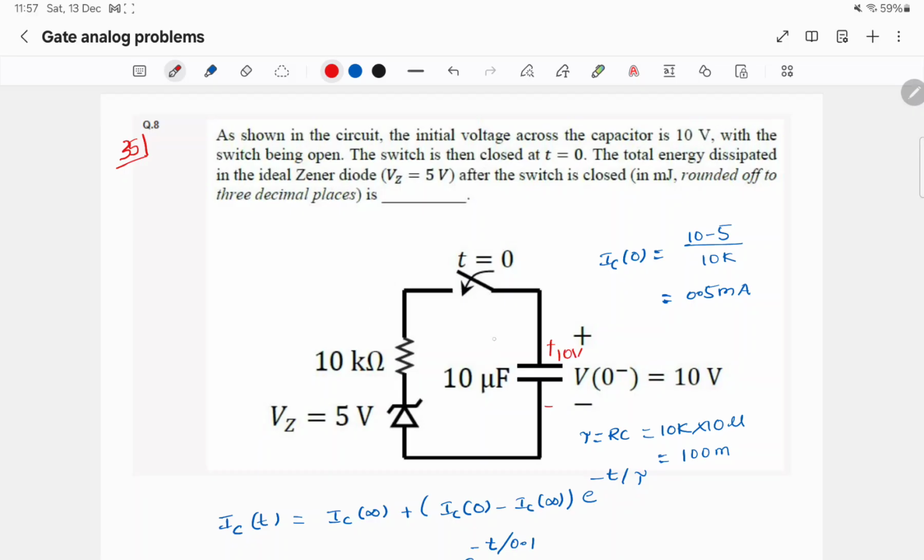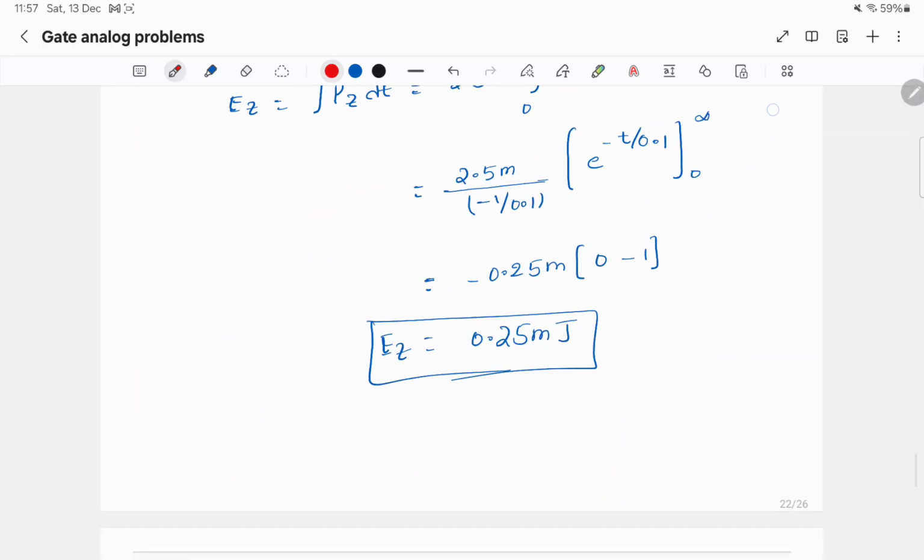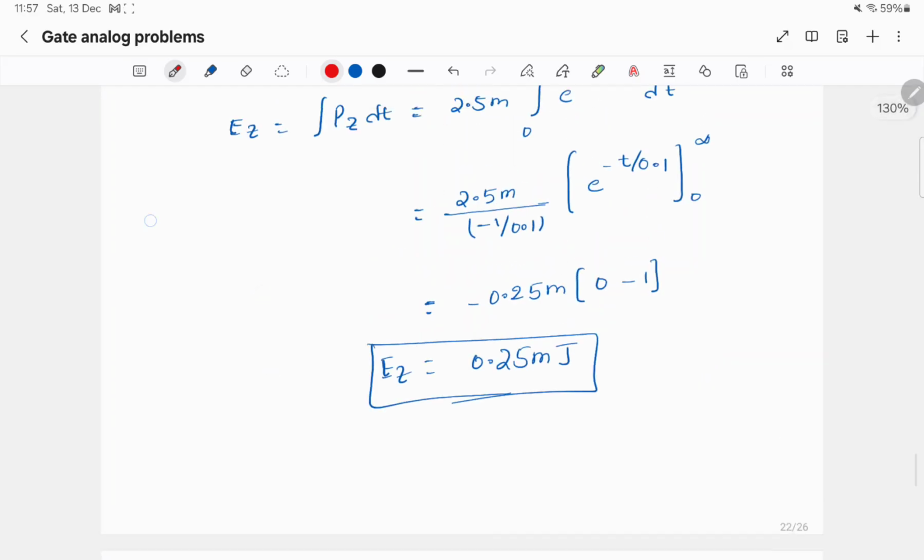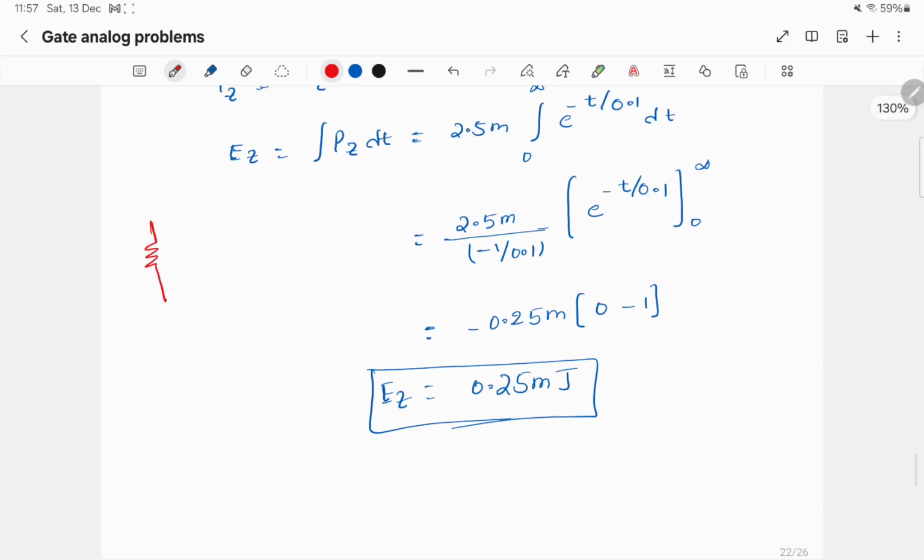When the switch is on, current starts to flow. As the current flows, the capacitor voltage will decrease. Initially zener diode will be on as 5 volts.